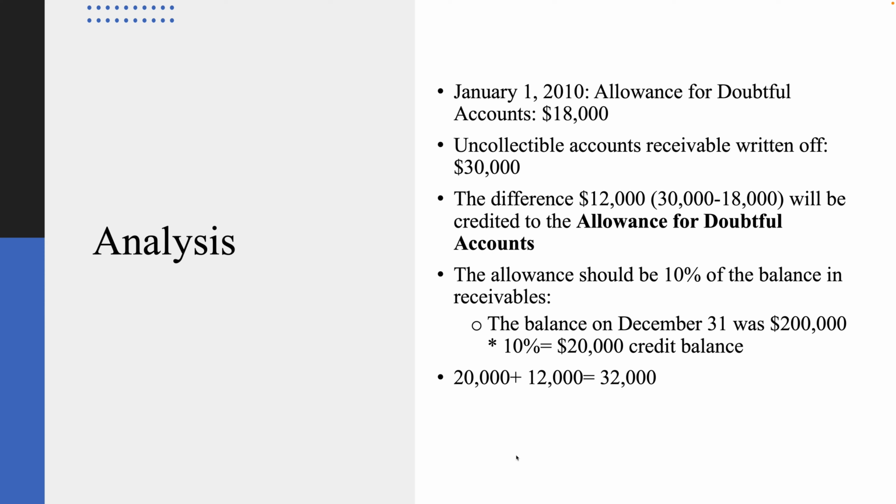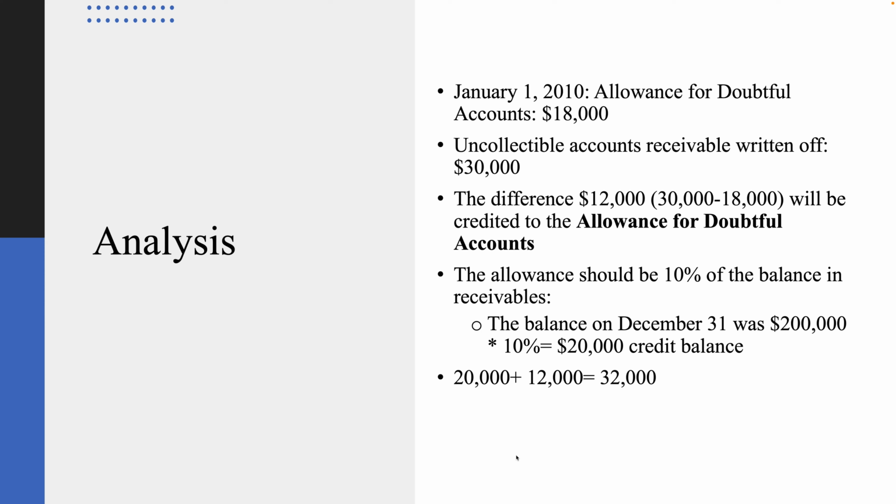The desired balance using the percentage of receivable method is a credit balance of $20,000, which is 10% of $200,000. So in order to have an ending balance of $20,000, a credit entry of $23,000 must be made to the allowance for doubtful accounts.